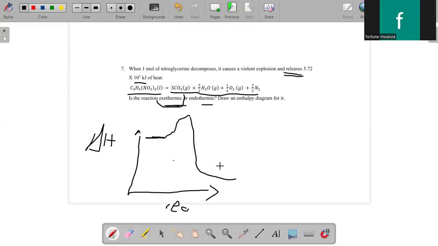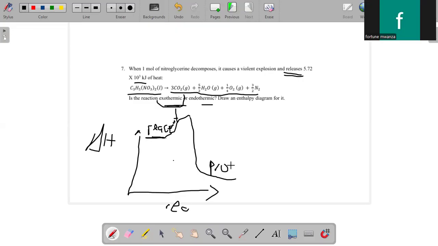In an exothermic reaction, you find that reactants are going to have higher energy than the products. Since heat is being released, reactants are going to be at a higher energy level compared to the products. So your products are going to be down there.